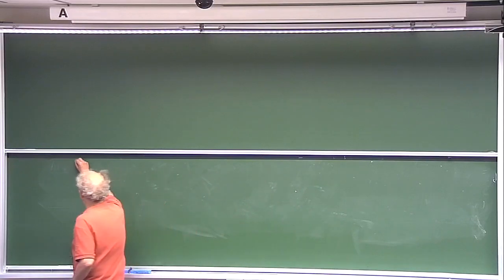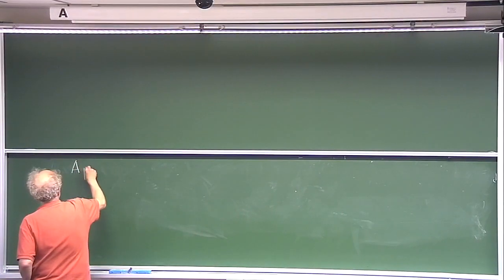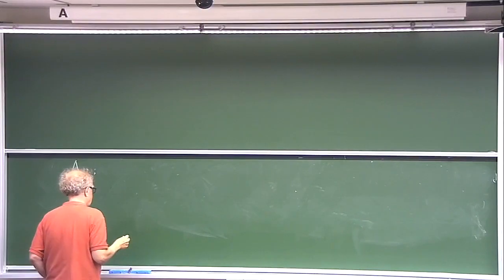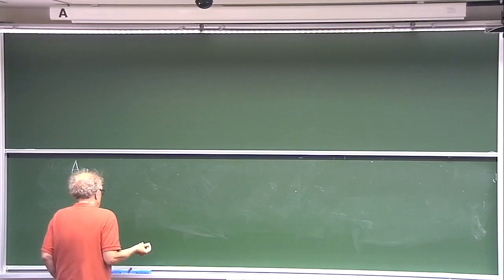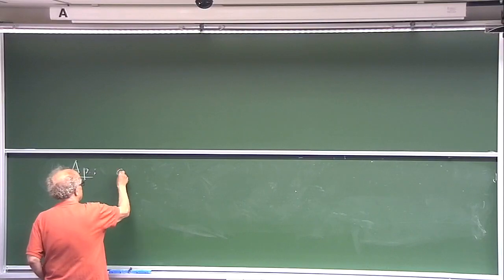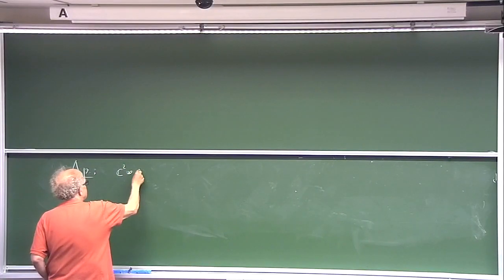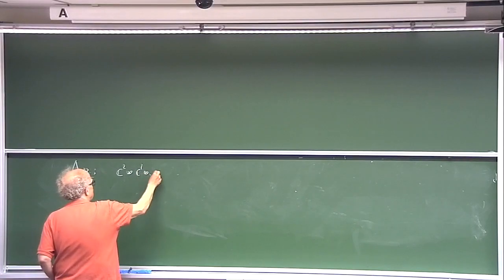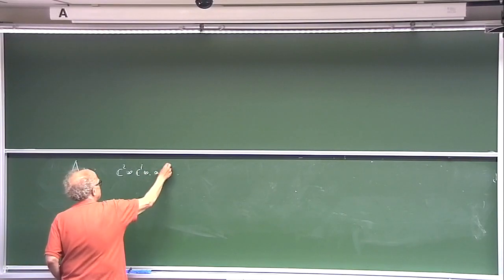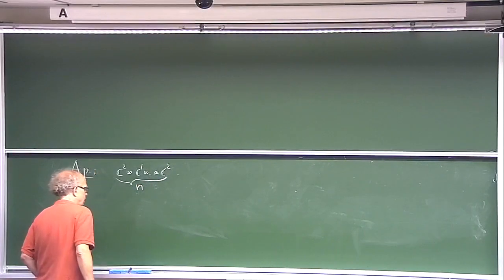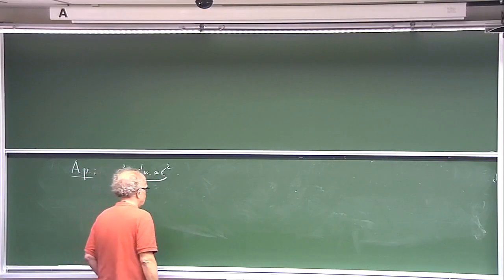An approximate, not very precise statement: what I can do is take C2 times C2 times C2 many times, namely n times, and then make up this fusion product.